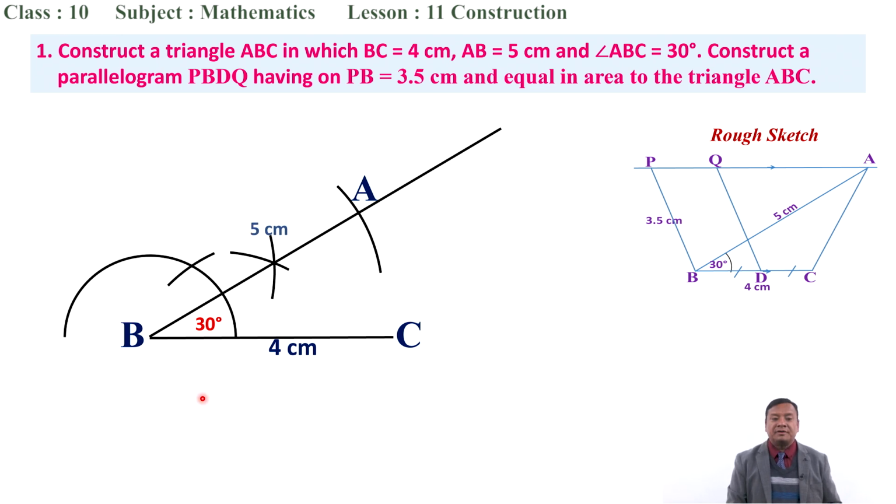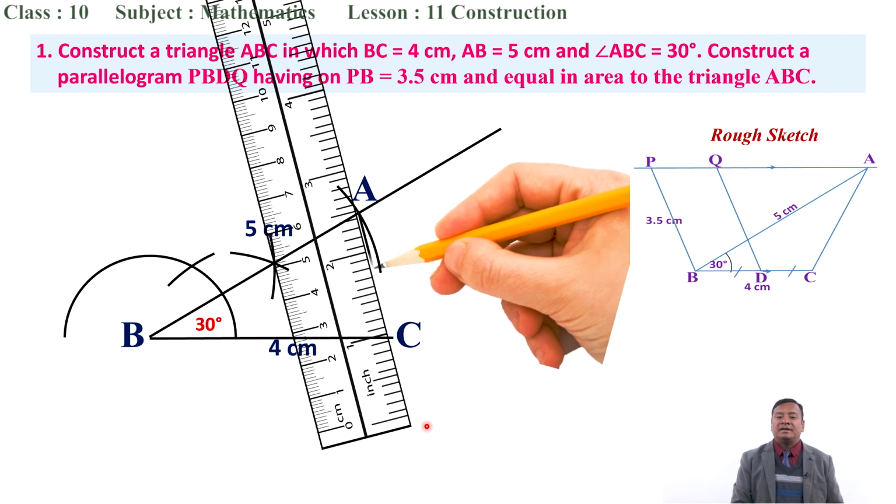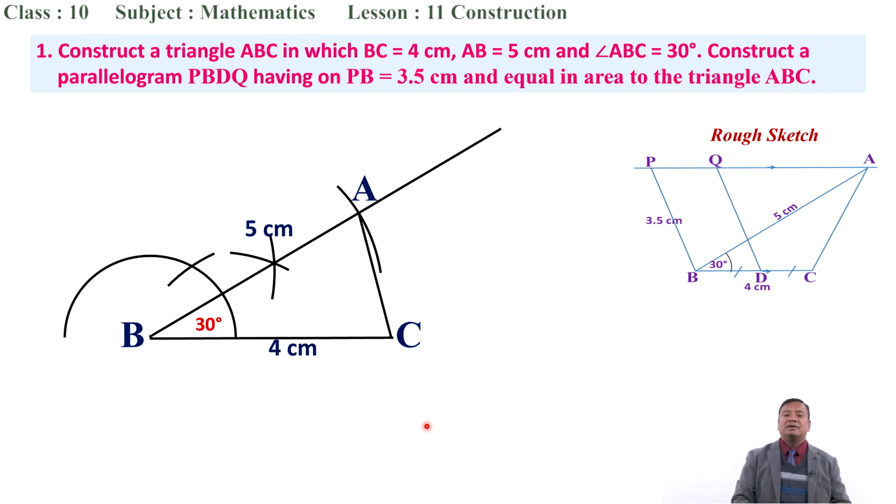And the measurement of this AB is 5 centimeter. Yes. And after this, when we join A and C like this, now here is a triangle ABC formed according to the given information. Up to here, I think it is clear, right? Any confusion?